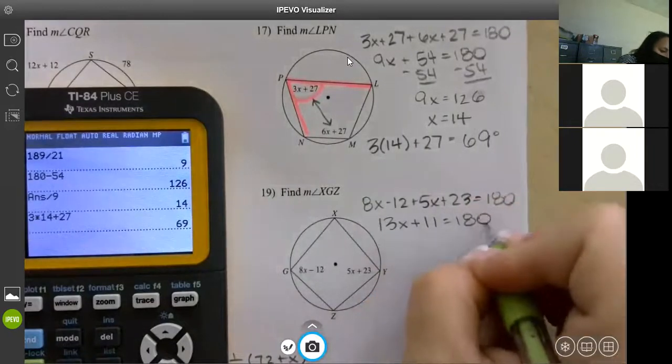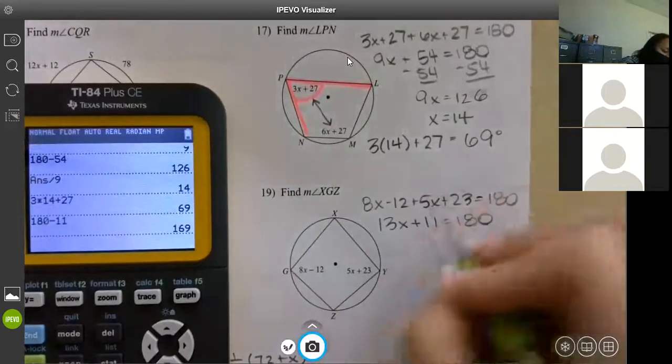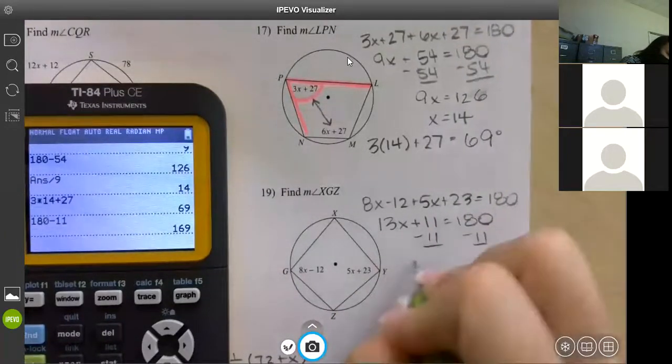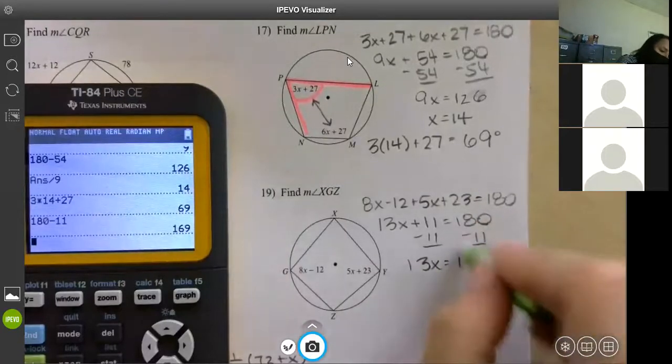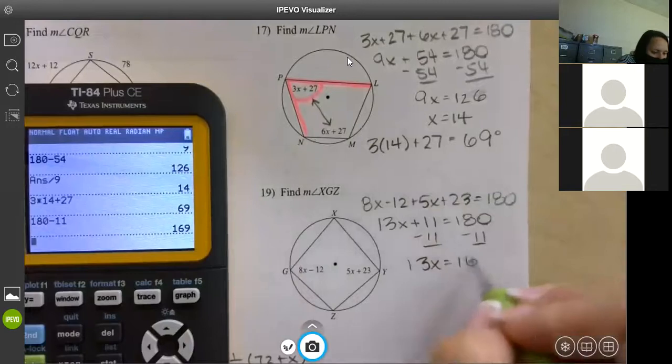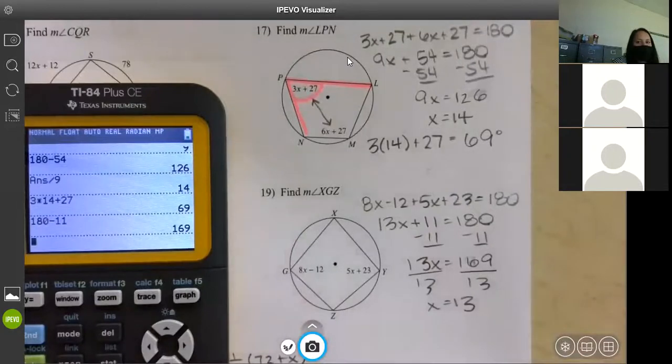Equals 180. We're going to take 180 and subtract 11. We get 13x equals 169. Divide by 13. And we actually get 13.